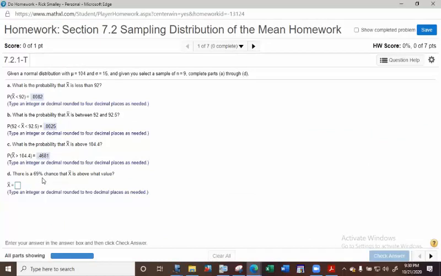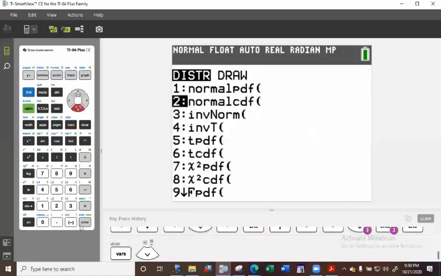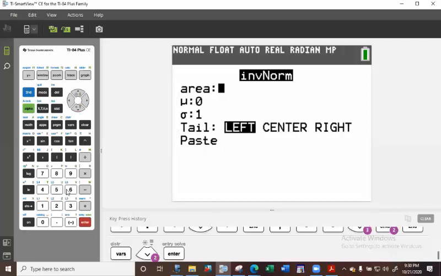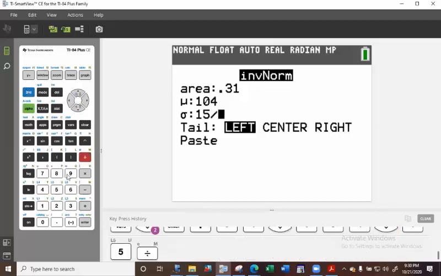So we'll use 0.31, obviously. I'm going to go second distribution, inverse norm, 0.31. 104, I'll double check this though. 15 divided by square root of 9.